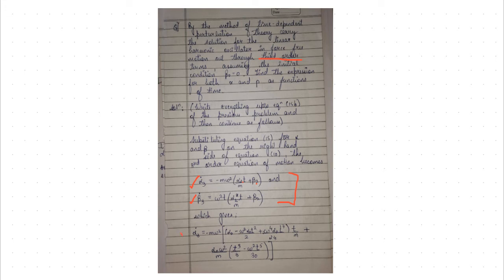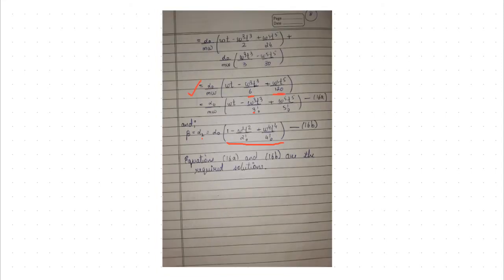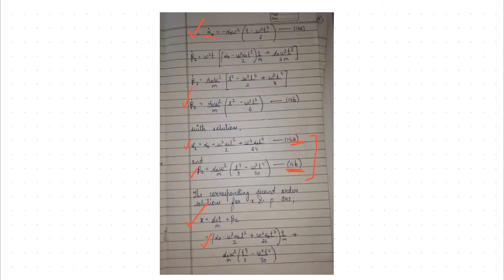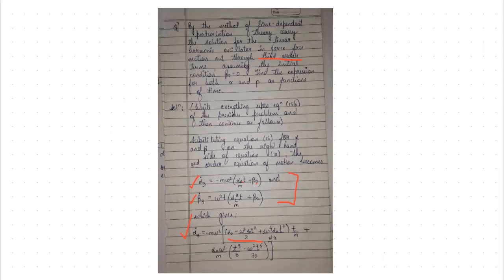See over here, in order to find the value of alpha 3 dot, I have replaced alpha 2 and put the value of alpha 2 over here from the previous solution. See, in the previous question I had a value of alpha 2, that is equation number 15a. From equation number 15a you put the values of alpha 2, and after putting the values of alpha 2 you will get this, and after putting the values of beta 2 you will get this.